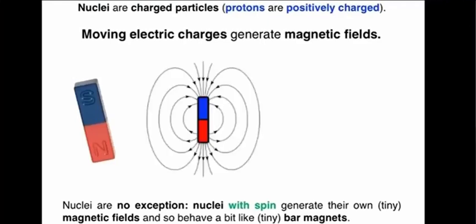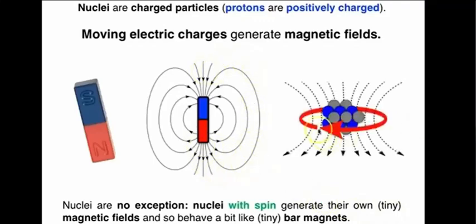Nuclei are no exception. Nuclei with spin generate their own teeny magnetic field and so behave like a bit of magnet, whose magnetic field moves from the north pole to the south pole.